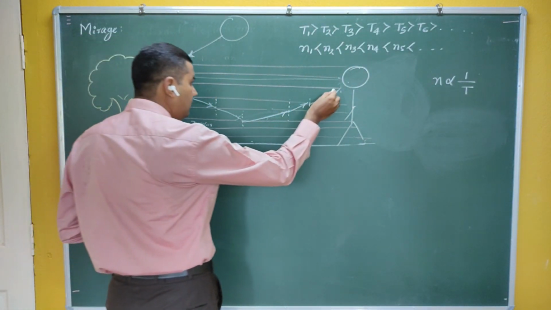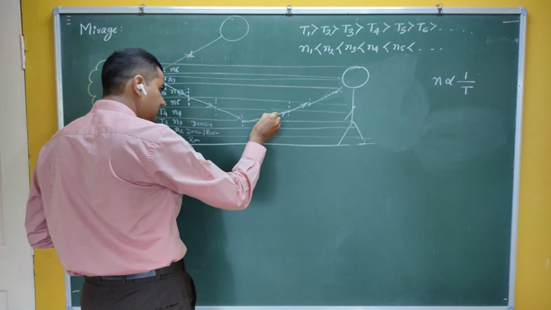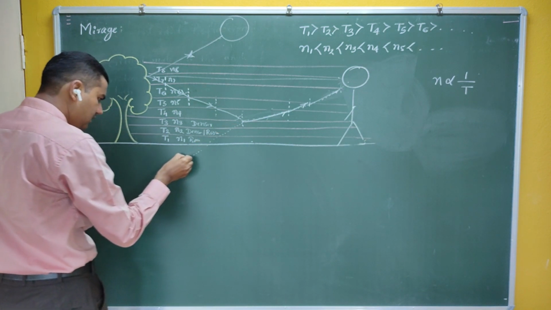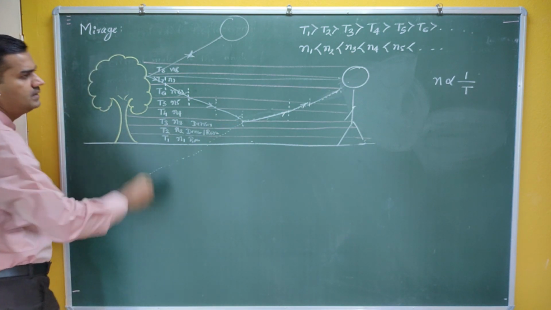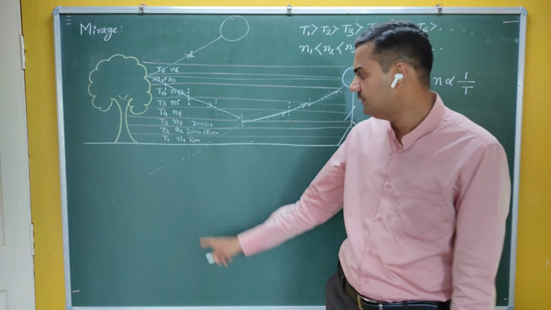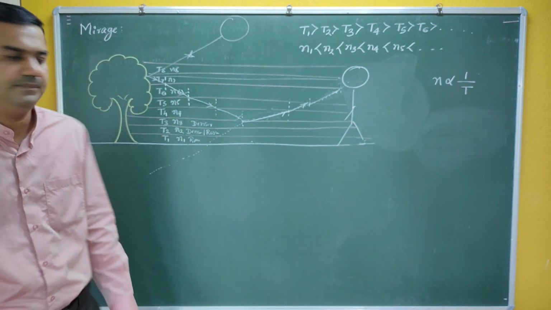Now see, for this particular person, what happens? Due to the optical illusion, this particular ray is assumed to be coming from this particular point here. That is the illusion.